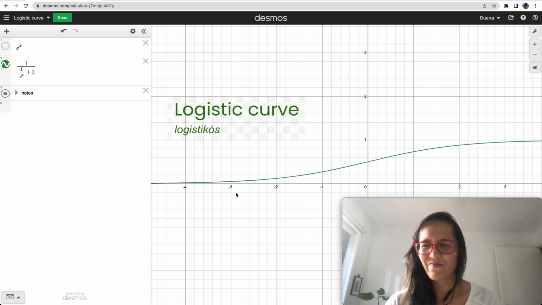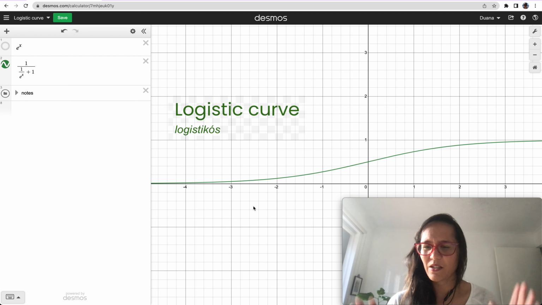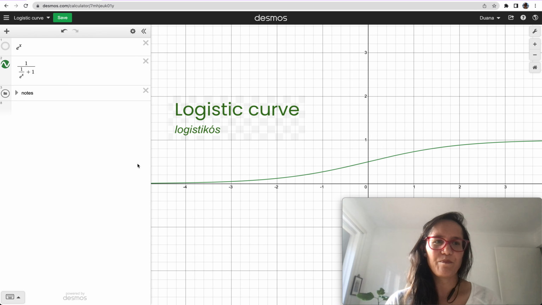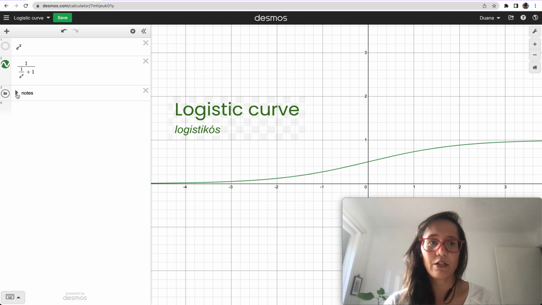Now, why is it called the logistic curve? It's got nothing to do with logistics, actually. It actually comes from this Greek word logistikos, which means practiced in arithmetic or rational, with the Greek root logos for reason or calculate.